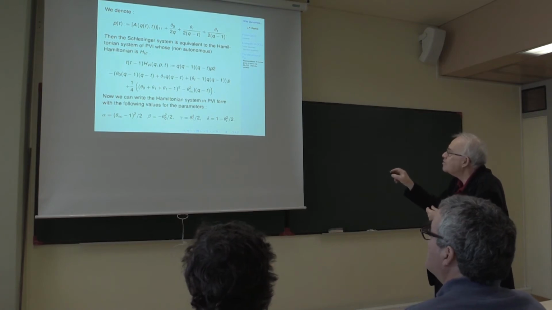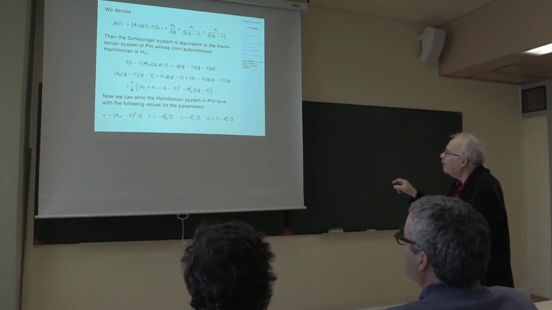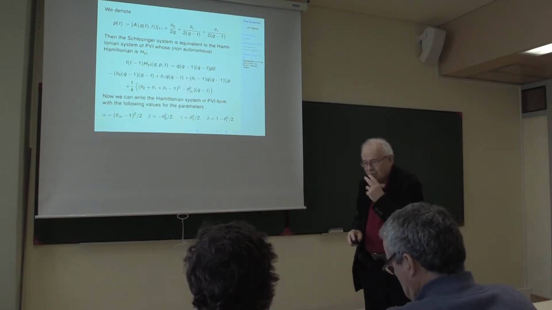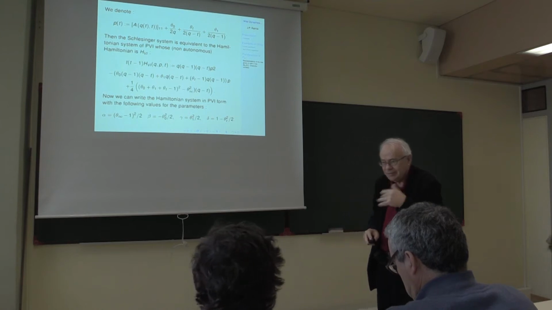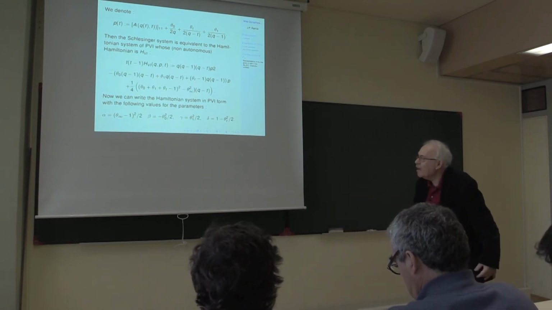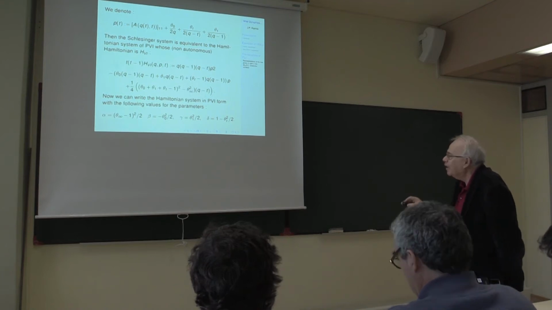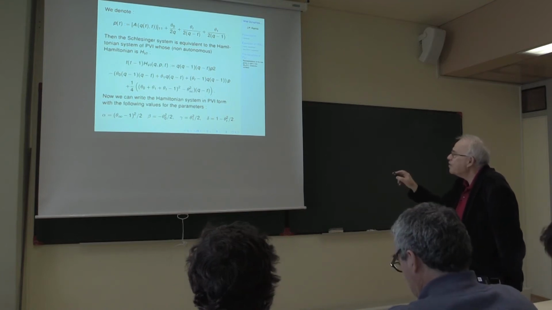And now, thinking in symplectic terms, the conjugate variable of Q is P, and P is defined like that. And now the Schlesinger system is equivalent to a Hamiltonian system. This idea began with Malmquist and so on, and it was systematized by Kazuo Okamoto. Okay, and then you can write this Hamiltonian system in P6 terms.